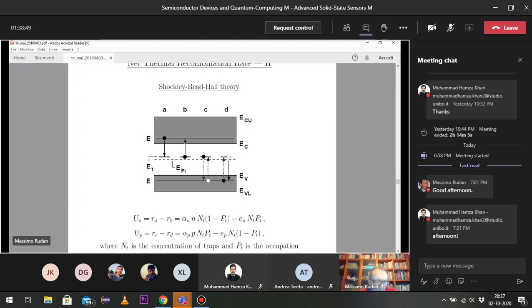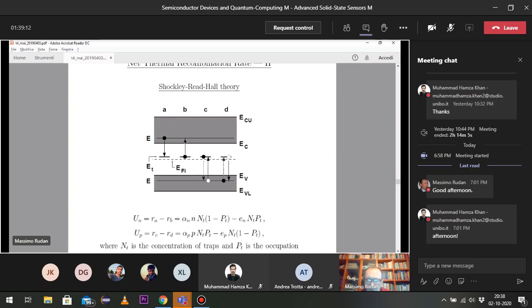You remember that the donor traps have the property that they are neutral when they are filled with the electron and they are positive when they are empty. In contrast, the acceptor type traps are neutral when empty and negative when filled.